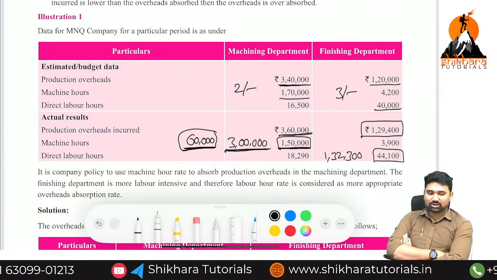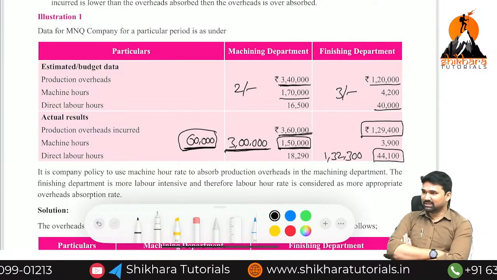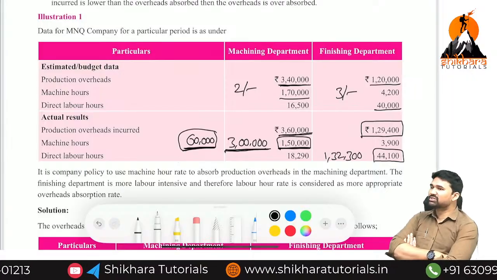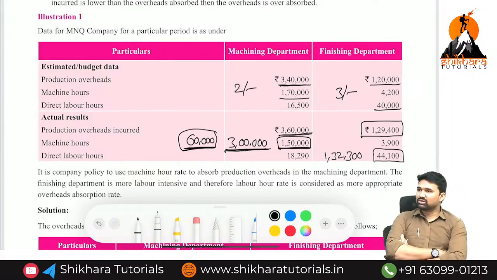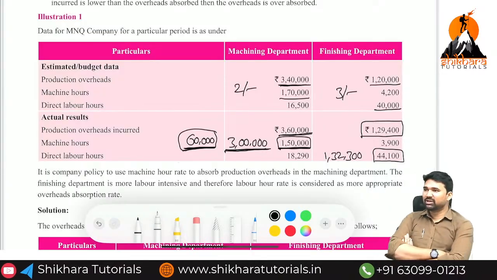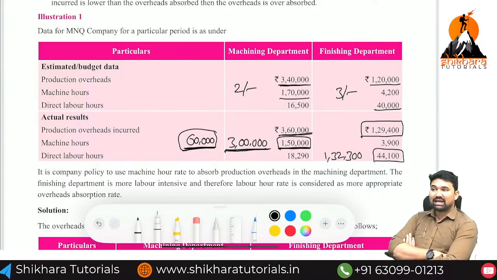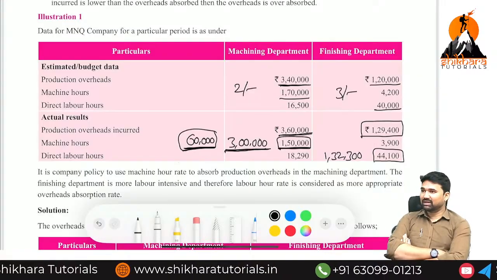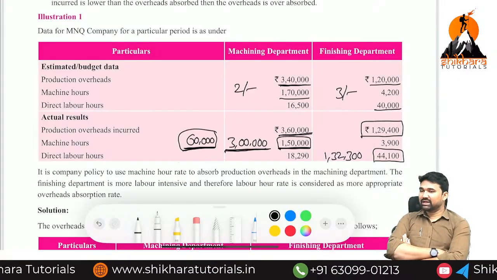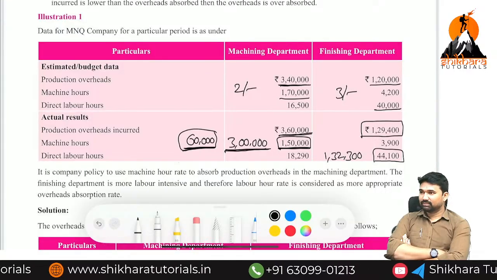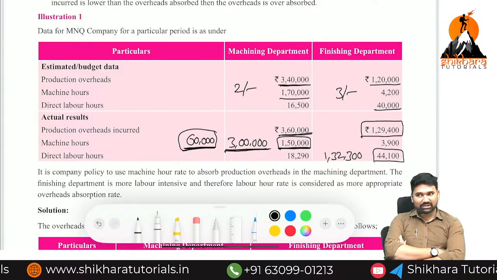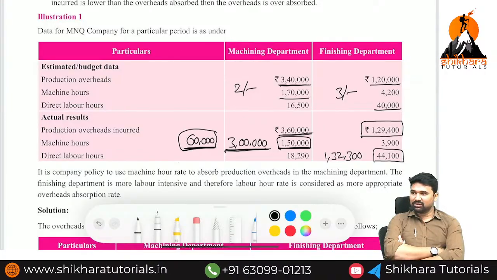In the given case also, finishing department, per hour how much you need to charge? 3 rupee. How many actual hours? 44,100. 44,100 into 3 rupee gives rise to 1,32,300. What is our actual expenditure? 1,29,400.